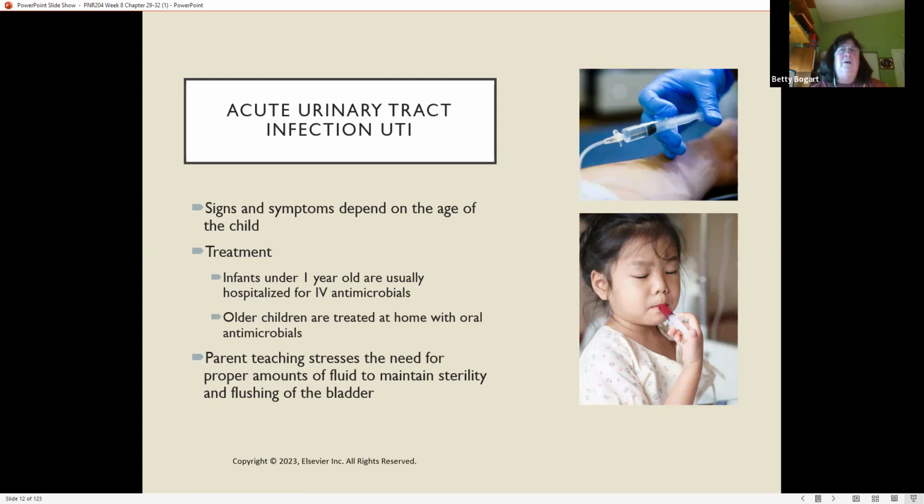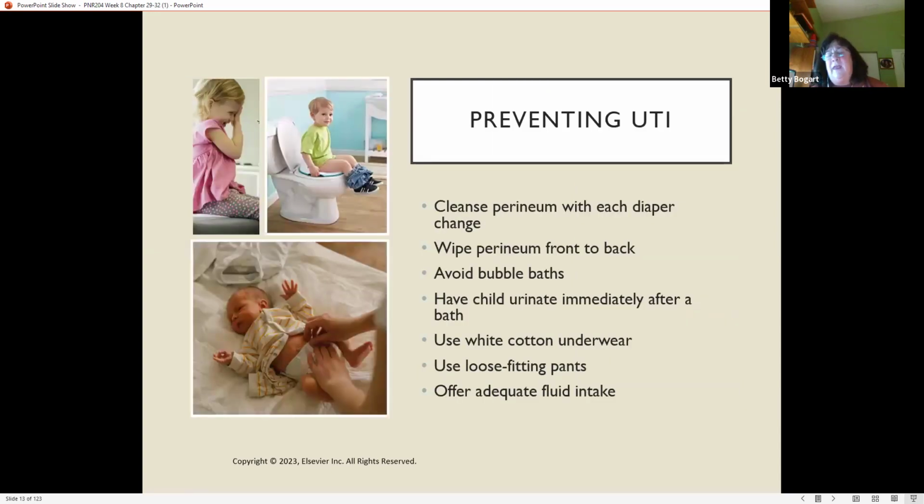Always remember, children, that we need to encourage fluids. That's the big thing with these children. Increase fluids, getting them flushing it out. Again, teaching to wipe front to back, avoiding bubble baths. Today they love those nylon stretchy tights. They look so cute on these girls.